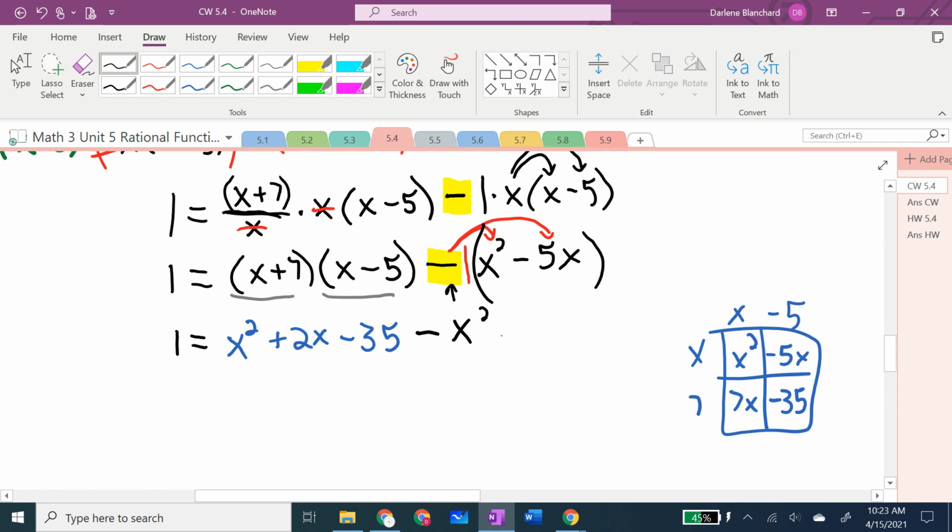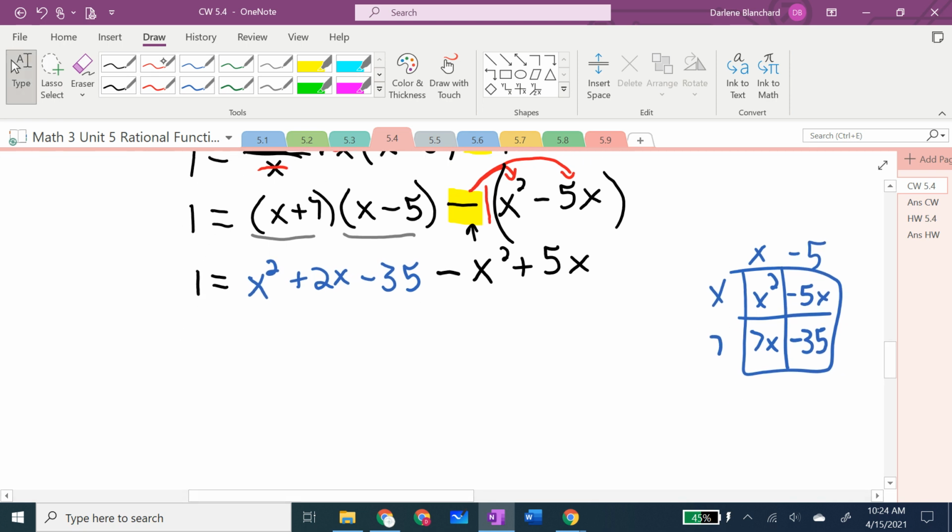And then two negatives together make a positive 5x. Does anyone see something beautiful? I see something beautiful. x squared minus x squared. Do you realize how much work that just saved you?